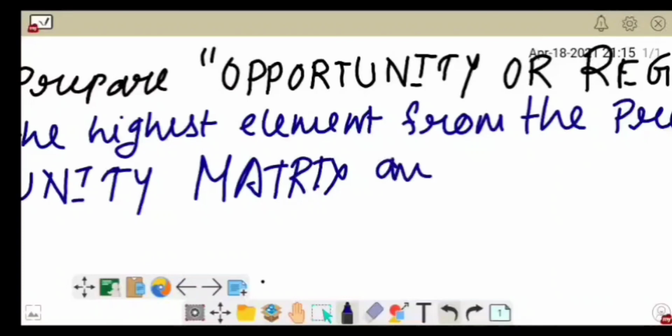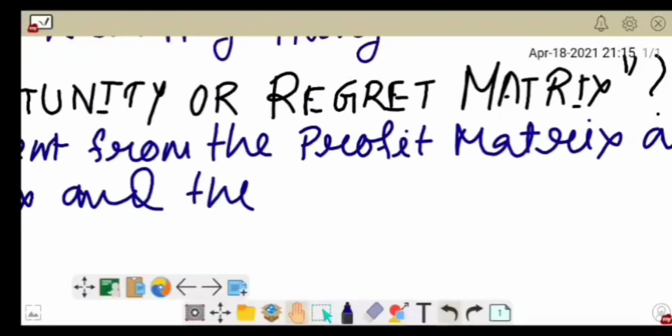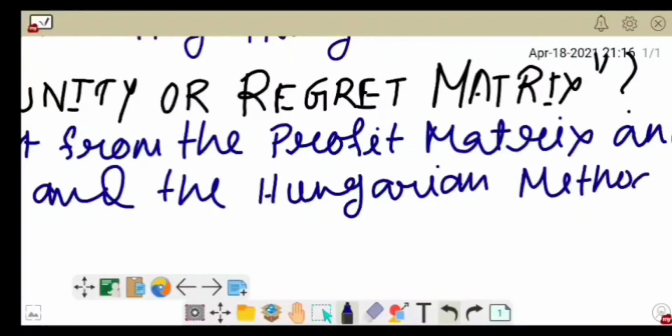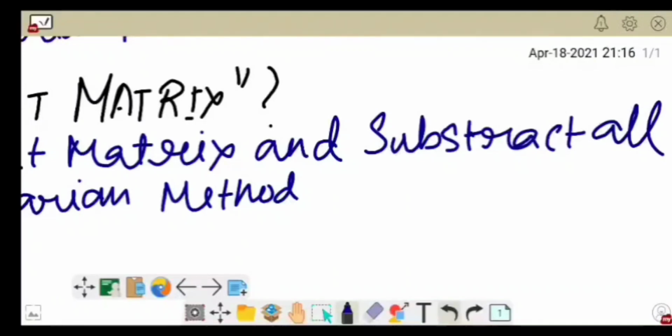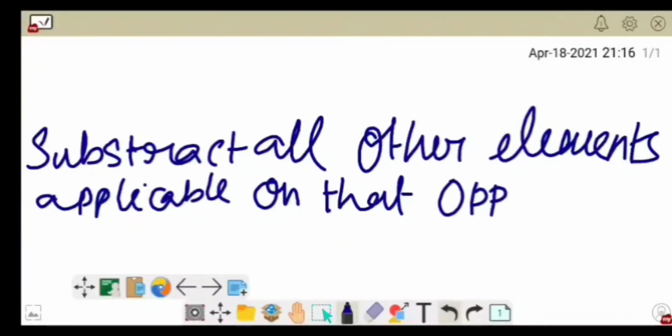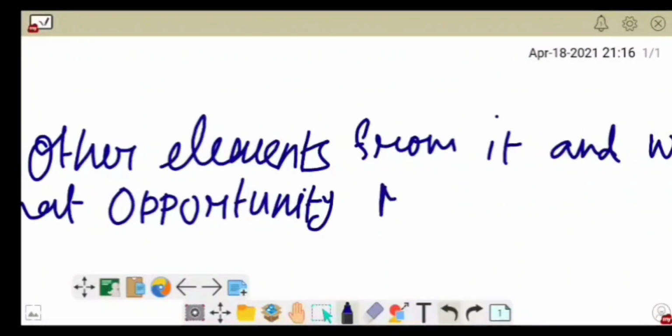And then the Hungarian method is applicable on that opportunity matrix.